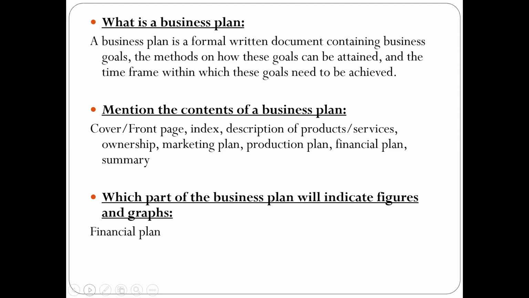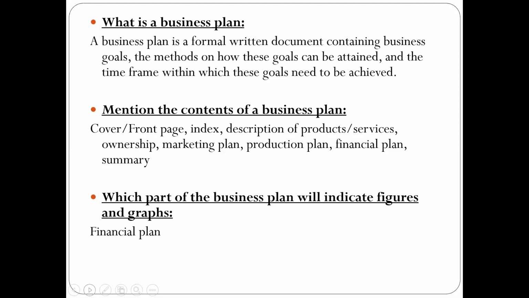I think there's about 7 or 8 of them, but as long as you have mentioned just any 5, you can give yourself 5 marks there. That is the contents of a business plan.